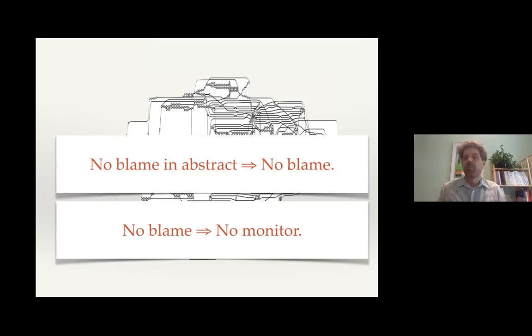And if you have no blame in the program, then there's no need to monitor these things at runtime. So this is justifying an optimization that you can do: if you run your program against these contracts, you can say, well, I've statically verified them, and I can just go ahead and erase them, right? I've proven that they satisfy the contracts.